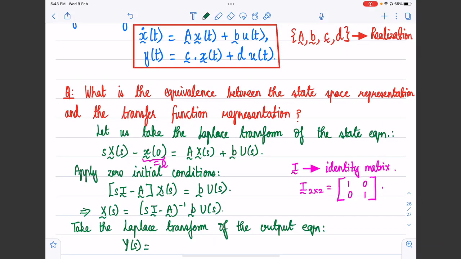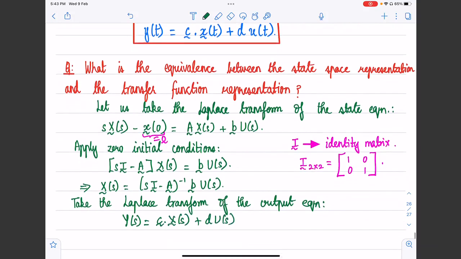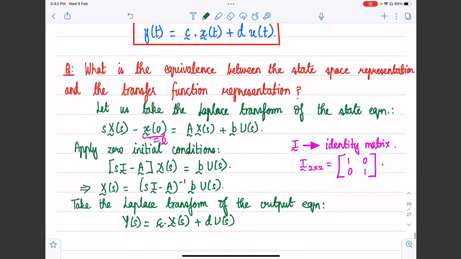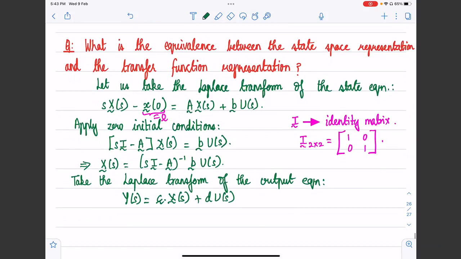Y of s is going to be equal to C times capital X of s plus D times capital U of s, right? So that's what we are going to get. Okay, so that's the result we will get by taking the Laplace transform of the output equation, as we can see there. Now, what we do is that we are going to substitute for X of s. Okay, so X of s is sI minus A inverse.